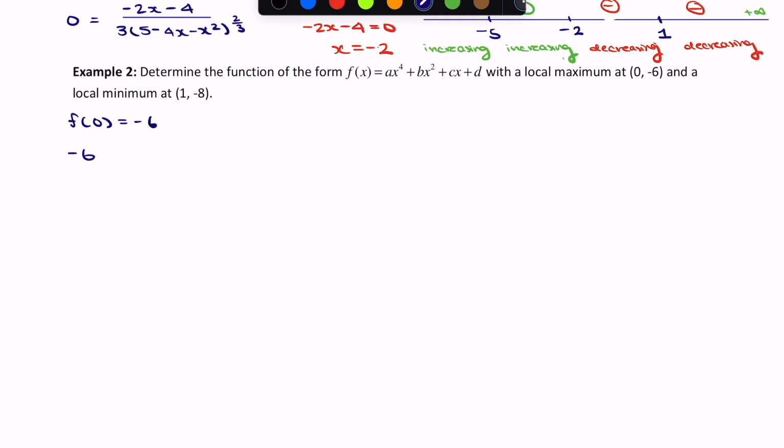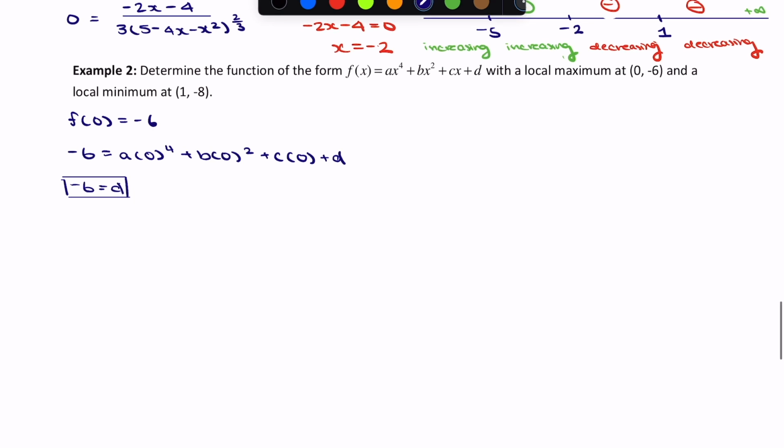So here we can write -6 = a times 0^4 + b times 0^2 + c times 0 + d. So here we see that -6 is equal to d.